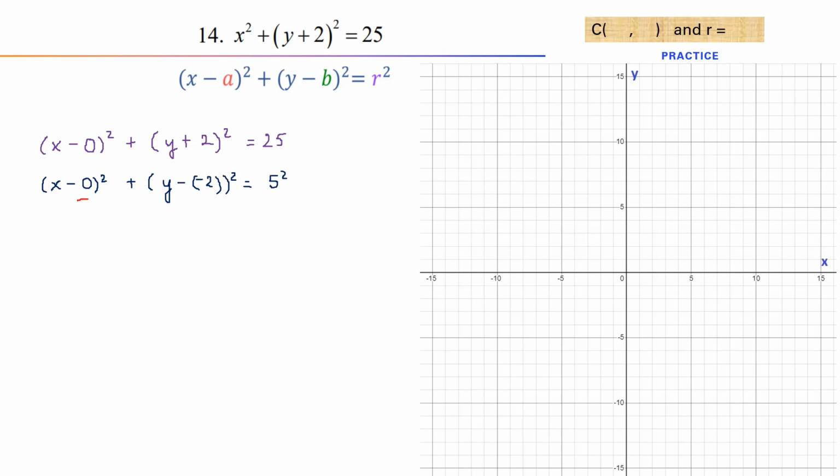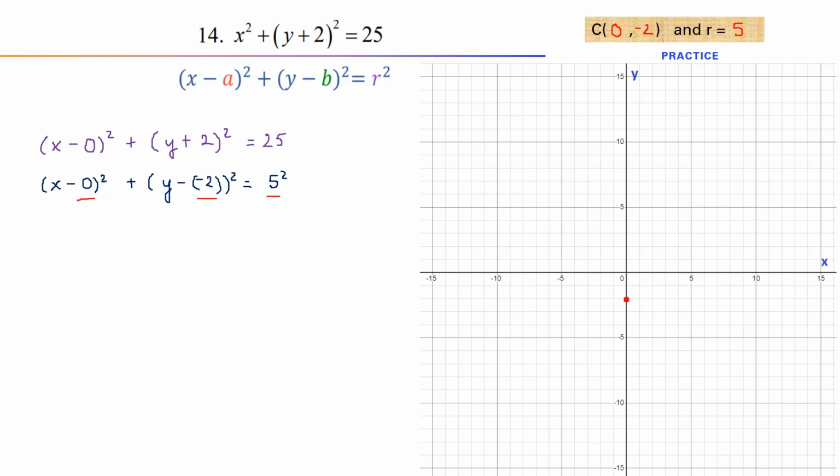Now we have a, b, and r. a equals 0, b equals negative 2, and r equals 5. So we mark 0 here and negative 2.